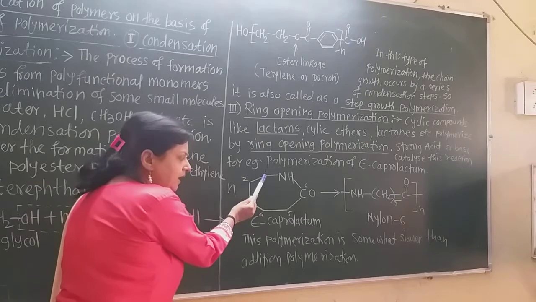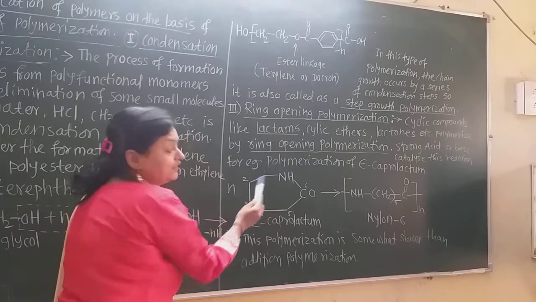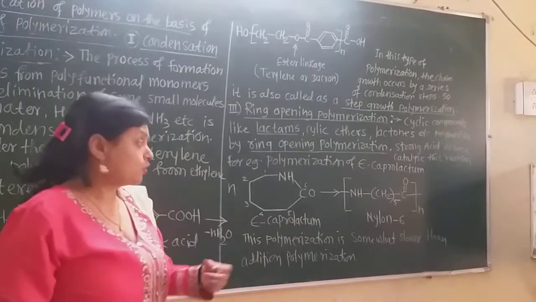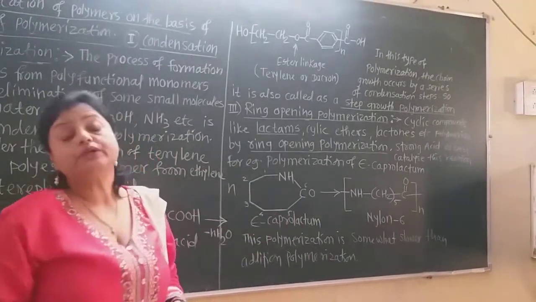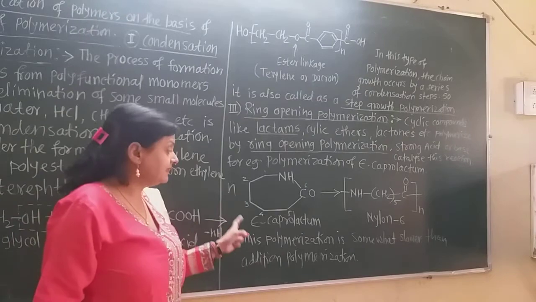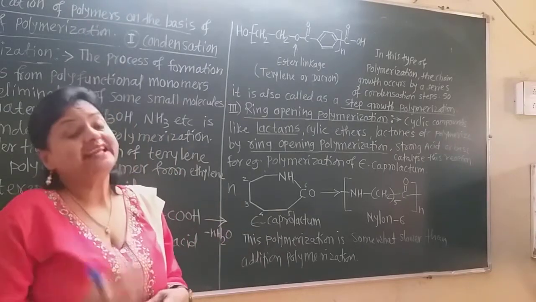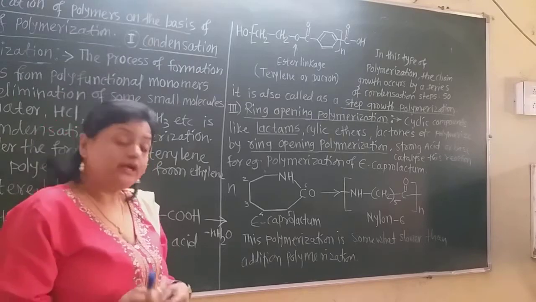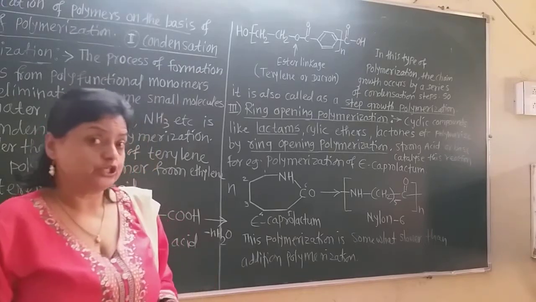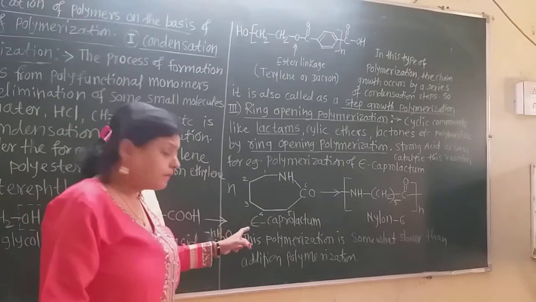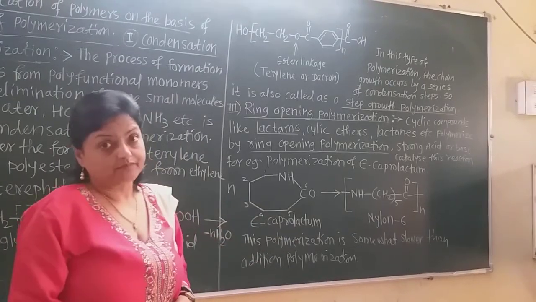To this omega carbon there is an NH2 group, and here is the COOH group. From these two groups again a water molecule is eliminated, and this ring, epsilon caprolactam, is formed from omega amino hexanoic acid or omega amino caproic acid. Hexanoic acid is also called caproic acid. So the formation of epsilon caprolactam is there.